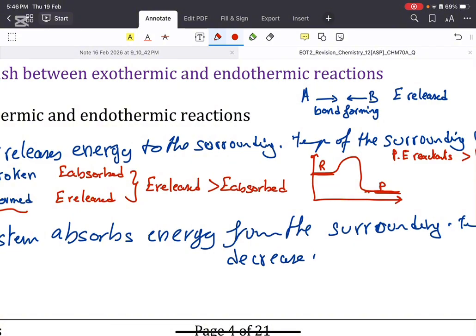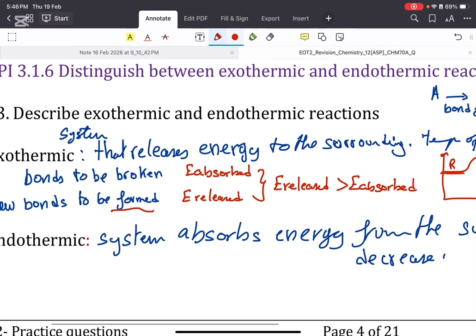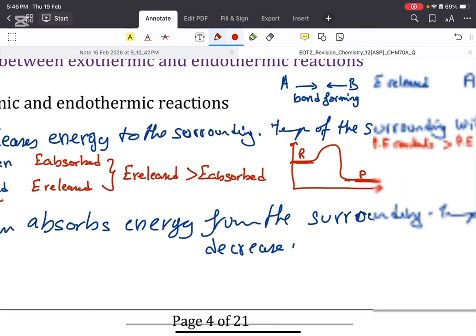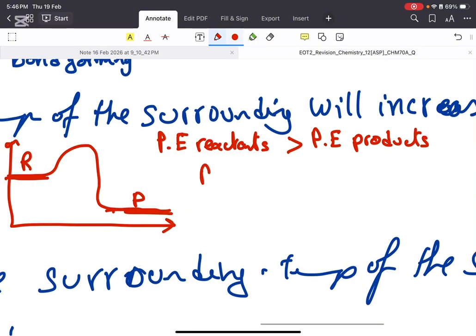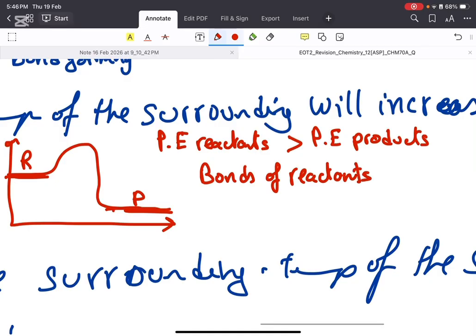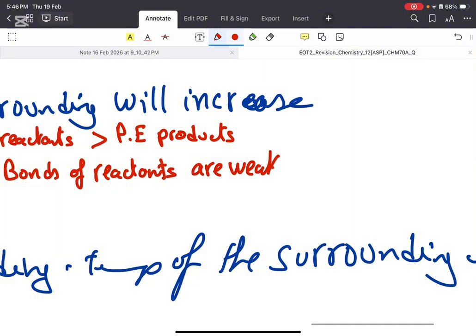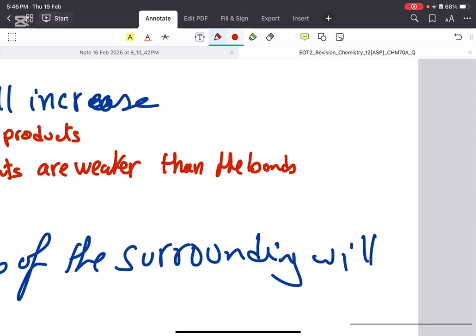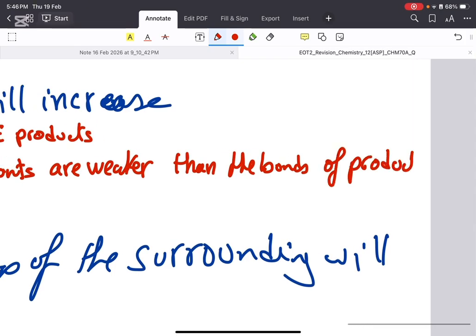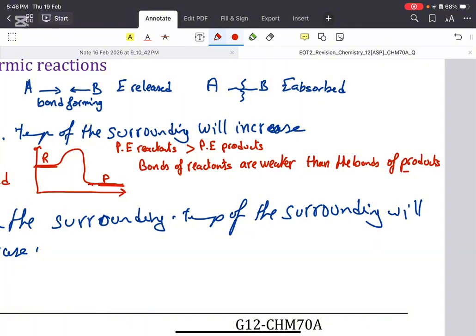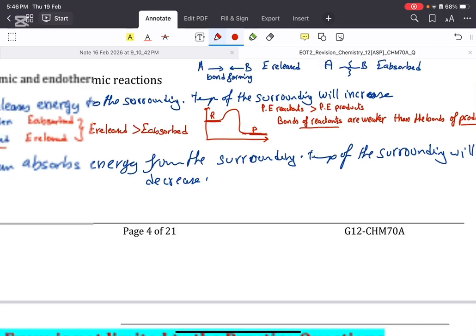Second, the energy absorbed to break the bonds of reactants is less than the energy released to form the bonds of the products. And this means that the bonds of reactants are weaker than the bonds of products, because more energy was released to form the products than the energy absorbed to break the bonds in the reactants.